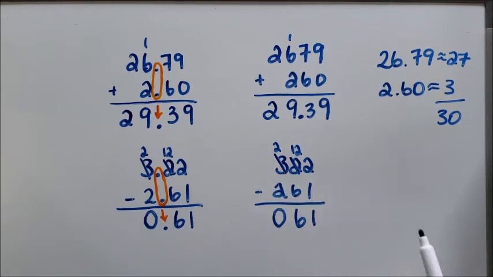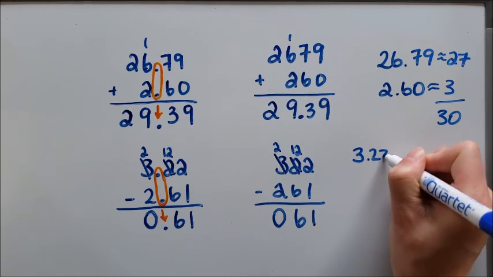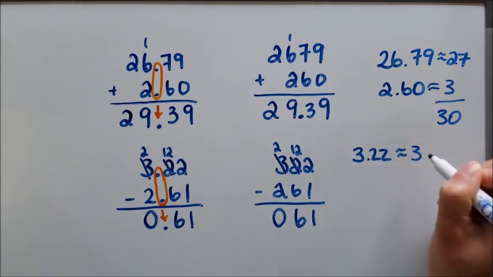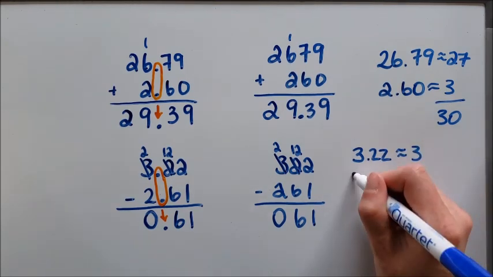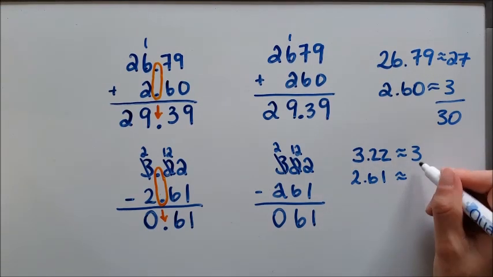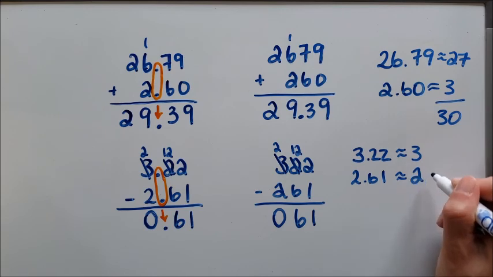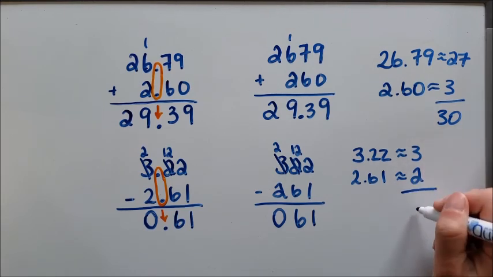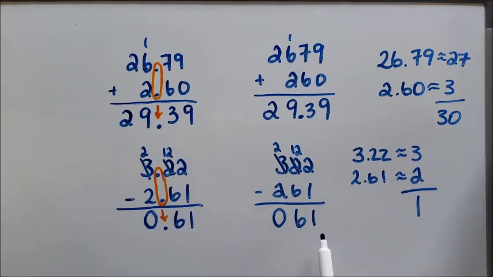Now I need to think about my numbers. 3.22 is approximately 3, and 2.61 is approximately 2. So when I subtract those, I'm going to get 1. So in order to make my decimal as close to 1 as I can, I need to put it in there. So I get that same 0.61 both times.